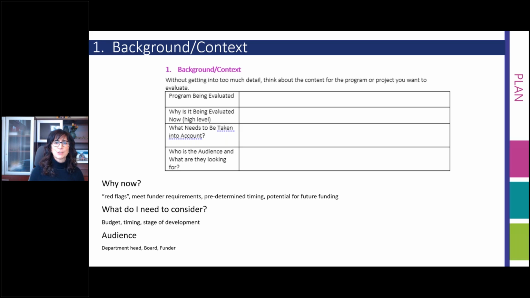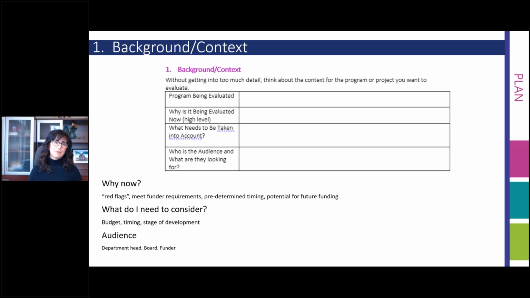I'm not even sure we're serving the people that we were supposed to serve. We get people, but I'm not sure it's the target audience that we were thinking about initially. The funder might be asking, the program might be in question. You might be asked about the difference it's making or how effective it is. So really getting down to just a bit of a sense of why we want to do this.